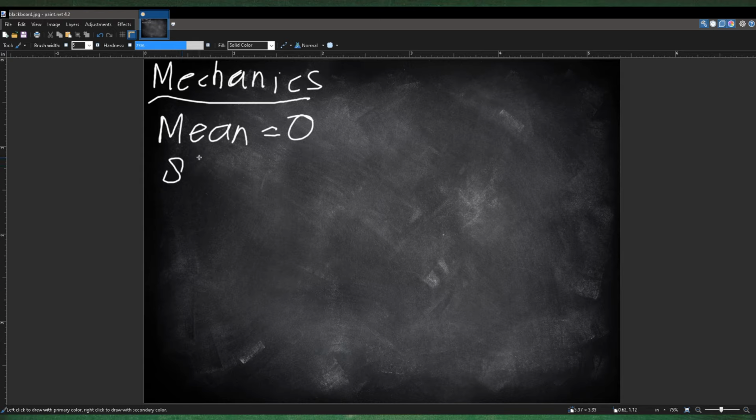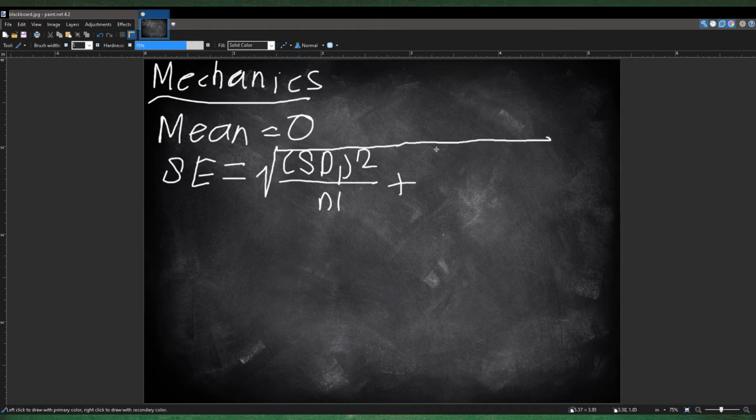Your standard error is equal to the square root of standard deviation 1 squared divided by the first sample size, plus standard deviation 2 squared divided by the second sample size.